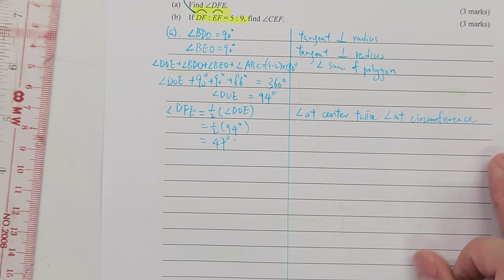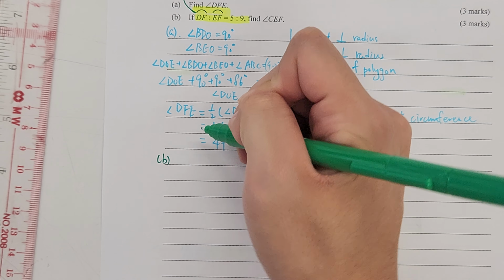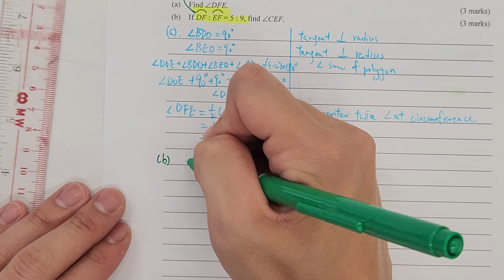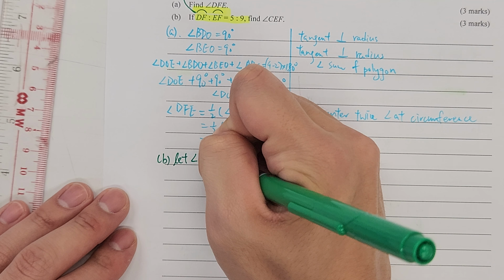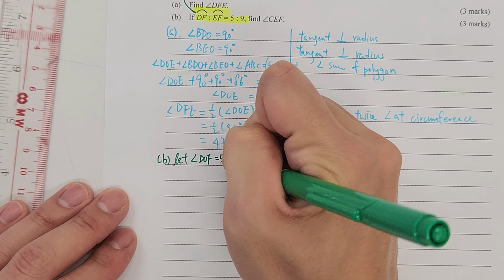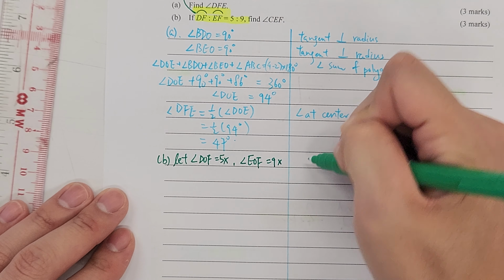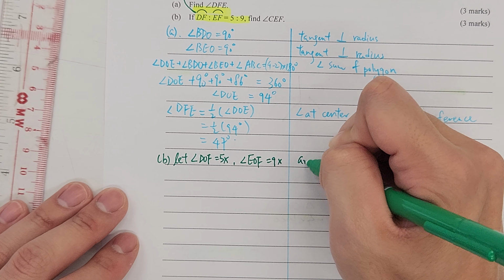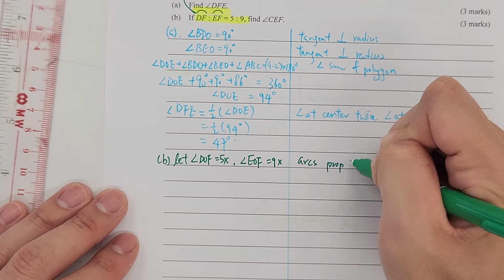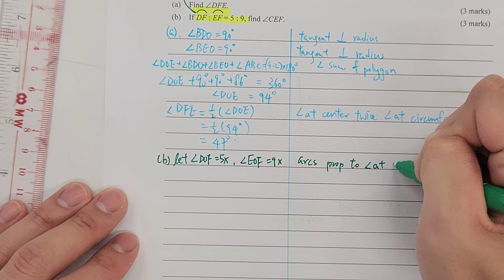So how do we write down the steps for arc proportional to angle at center? Let angle DOF equal 5x while angle EOF equals 9x. The reason: arc proportional to angle at center.